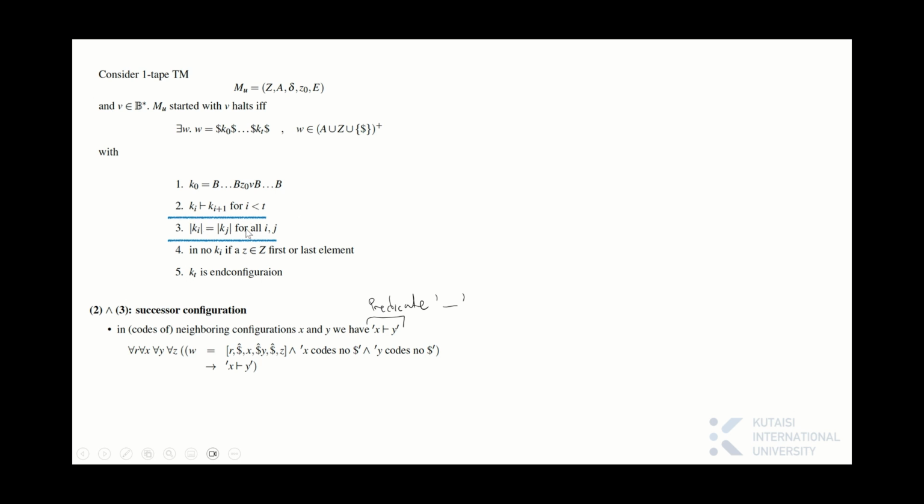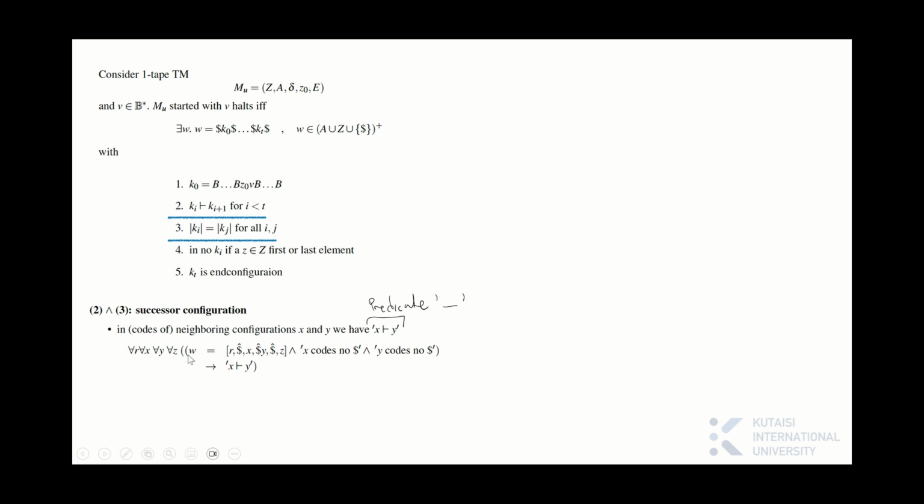How do we write these things? First of all, you have to write that this something is a successor of something. Ki plus 1 is a successor of Ki, and each one of them has the same length. Now we have to code sentence A2, I called it, and 3. How do we code neighboring configurations x and y?